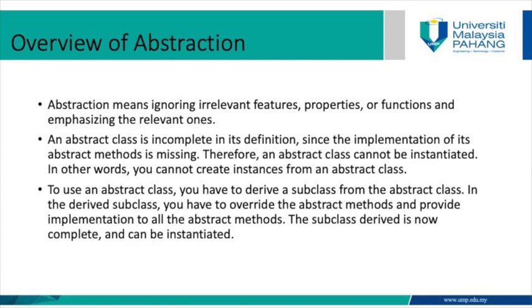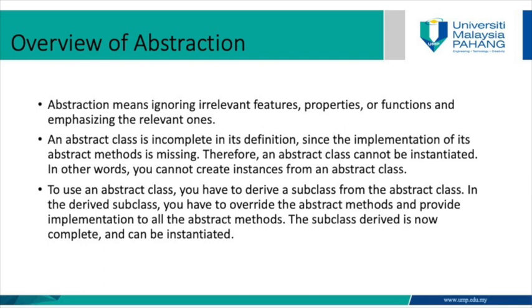So this is the overview of what an abstraction actually is. Okay, so when you try to implement the abstraction feature in OOP, you are trying to ignore irrelevant features, properties, or functions and emphasize the relevant ones.